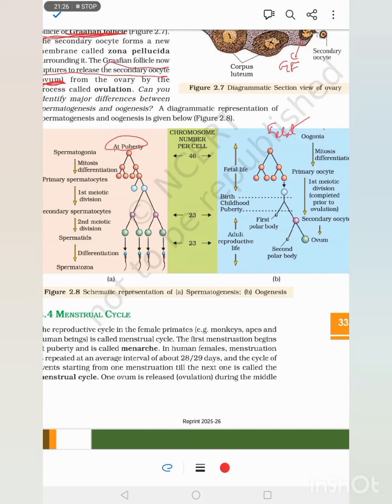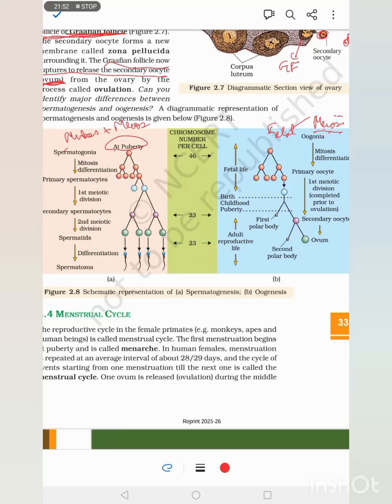Spermatogenesis has both mitosis plus meiosis, while oogenesis after birth is mostly only meiosis. There is no mitosis after birth, because the number of cells is limited. They don't make more cells, so there is only meiosis here.